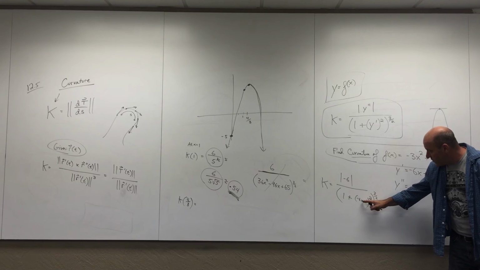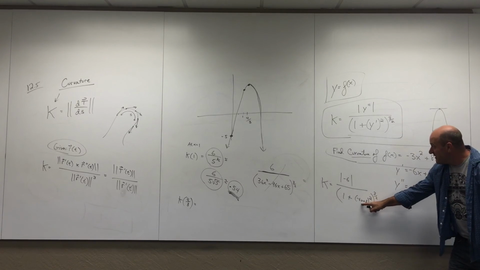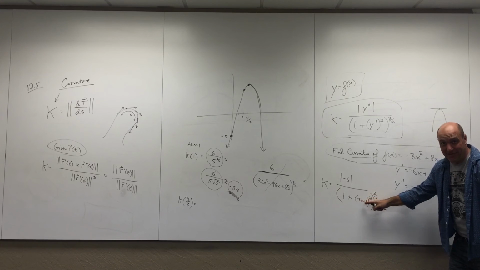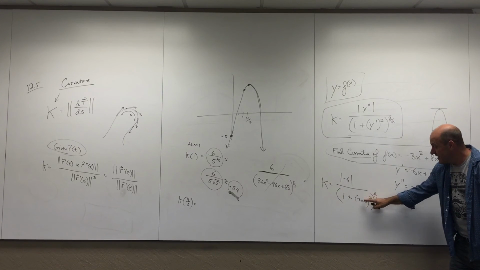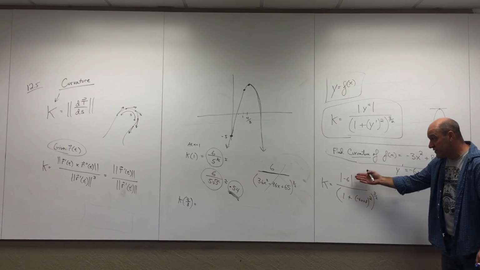When you plug in 4/3, well, if you remember, that's the number that made my derivative 0, and that's my derivative right there. So when you plug in the 4/3, it's -8, it's 0, plus 1, which is 1, to the 3/2, which is 1, all underneath a 6.